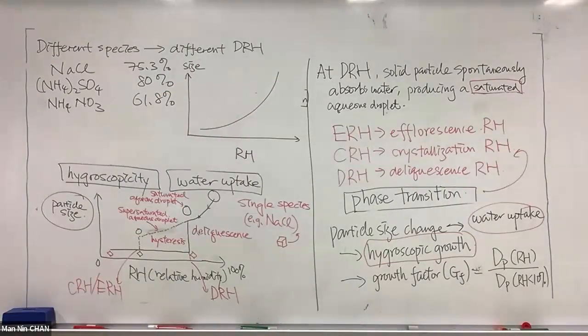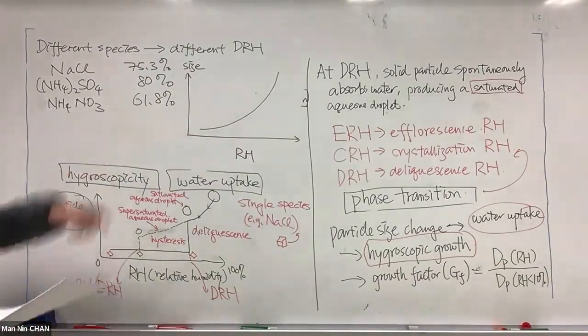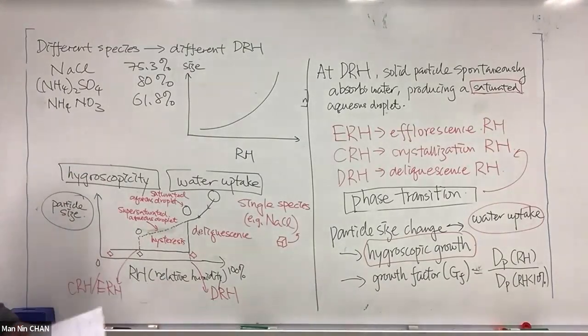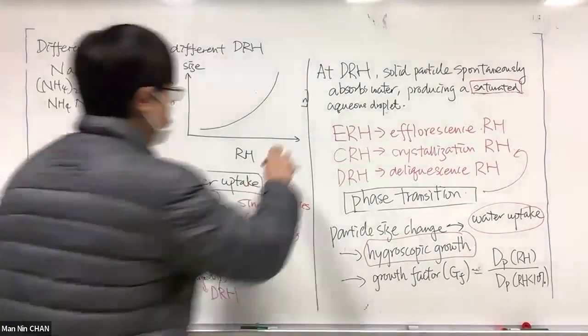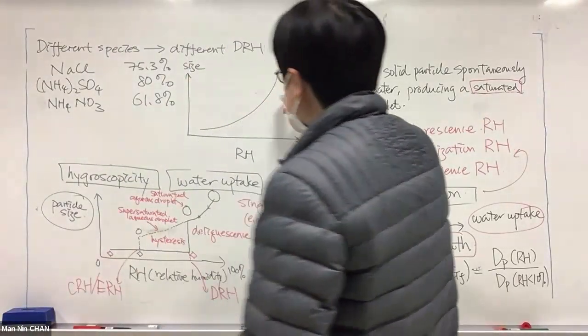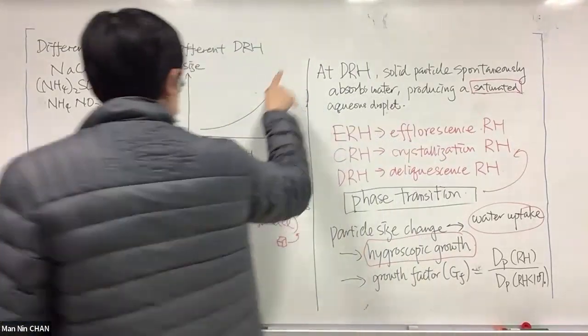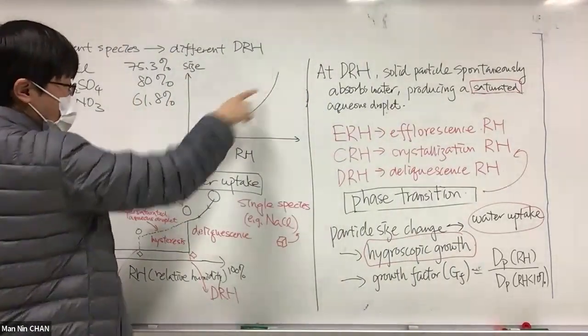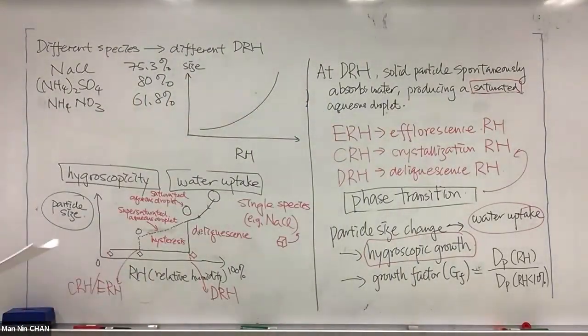For some species, because they can have very strongly chemically bonded water molecules, they are not likely to lose the water molecules. So they will have this kind of smooth curve, as you can see here.